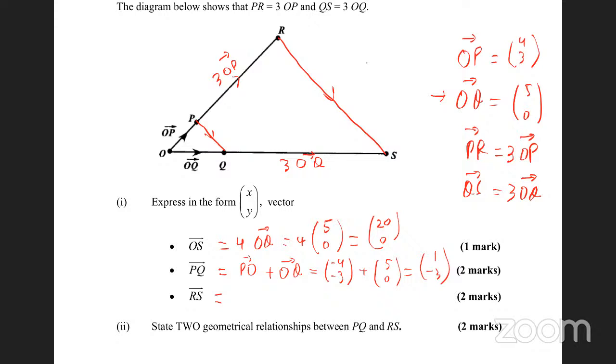R to O, O to S. And anybody who feels not adventurous, you can also go R to P, P to Q, Q to S. It doesn't matter if it's a triangle or not. It's the alternate route from one to the next. So RS is R to O plus O to S. Find RO. I don't think we have RO as yet. Find RO and OS. Work it out quick.